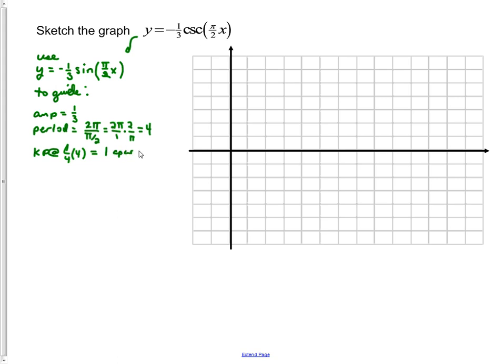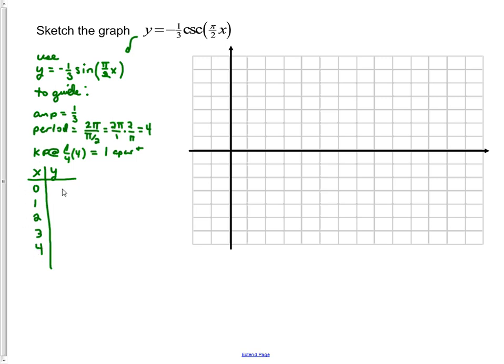Interesting. Okay. So if we're looking to set up our graph right now, the key points for x will go 0. There's no phase shift here. 1, 2, 3, and 4.